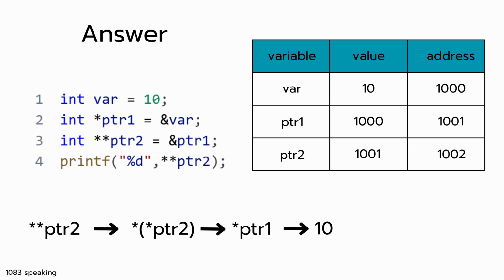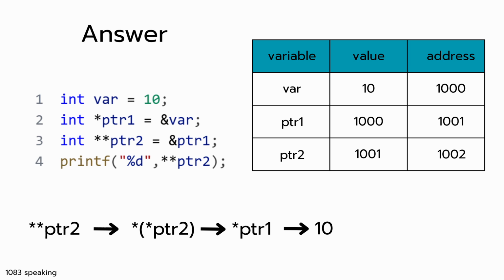The second dereference, *ptr1, resolves to the value stored at the address of ptr1, which is the value of var. As shown in the slide breakdown, **ptr2 goes to *ptr1 and to 10. The output of the code will be 10.